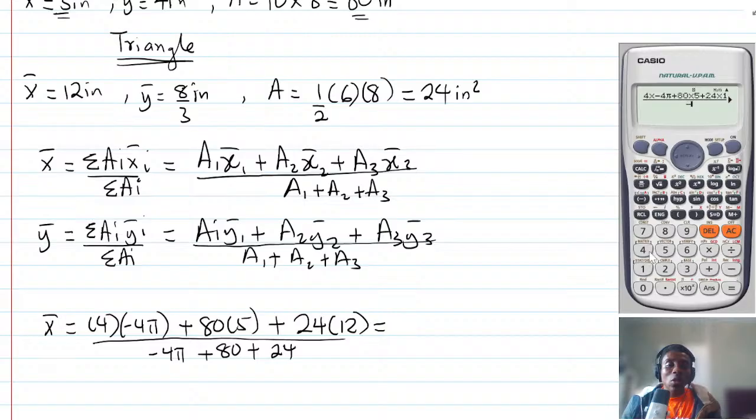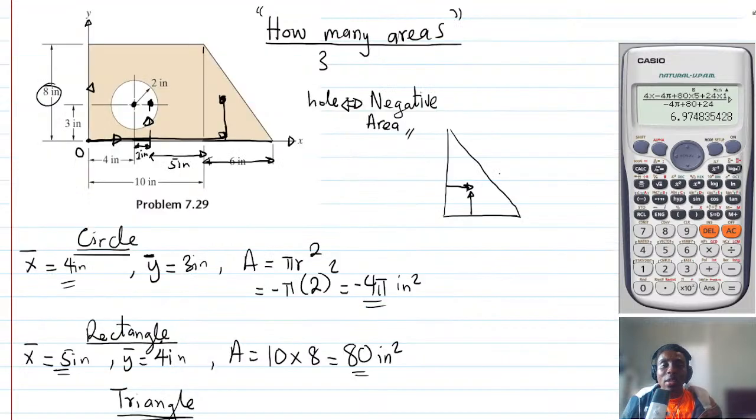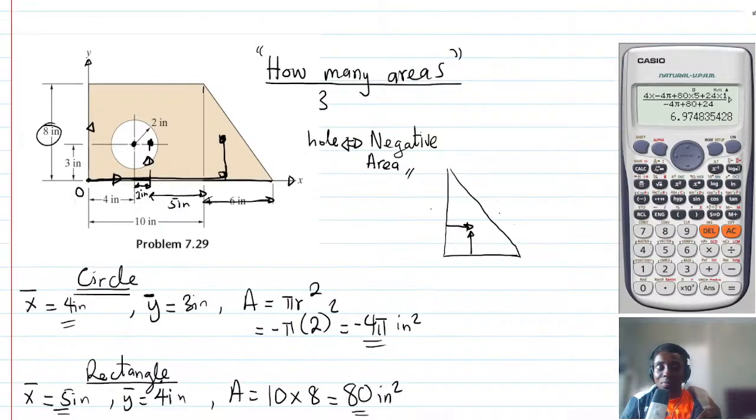So with minus 4 pi plus 80 plus 24, x bar is 6.97 inches. Please work out the y bar. Any question up to this point? Because of time, I am moving straight to trusses, because I think that is where most people are struggling.